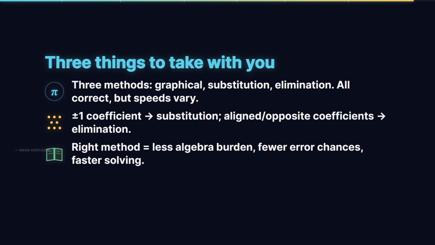Beyond tests, the habit also pays off in homework and applied work because cleaner algebra reduces the chance of careless errors. Method choice is therefore both a speed skill and an accuracy skill, and the practice we do this week pays off across hundreds of system solving problems in the rest of the algebra course and beyond.